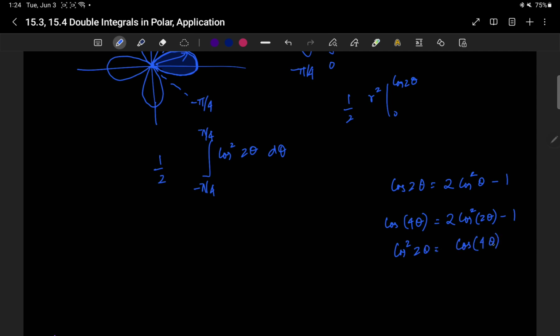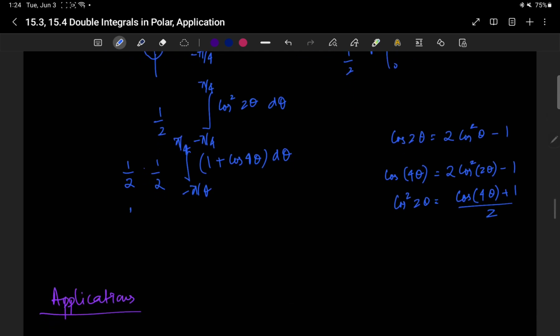So cosine squared 2 theta would actually be (cosine 4 theta plus 1) over 2. This becomes 1/2, which was there originally from the integration, and another 1/2 that has come from the double angle formula, d theta from negative pi over 4 to pi over 4. You get a 1/4. The first one becomes pi over 4 minus negative pi over 4.